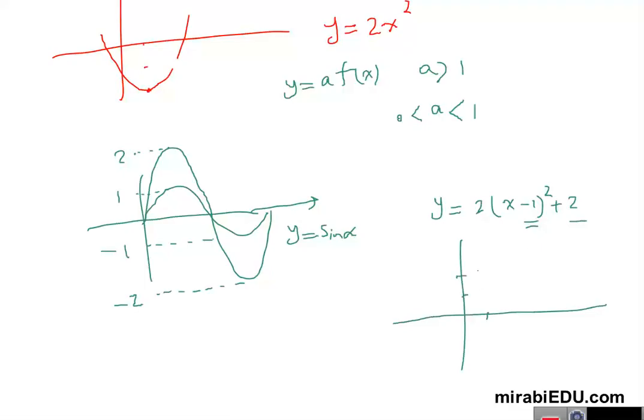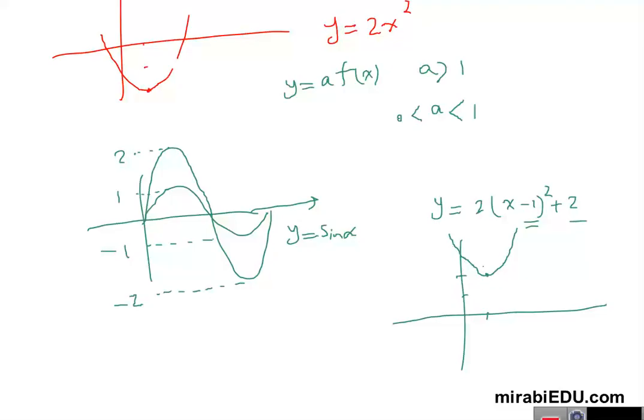The graph will not be like y equals x squared, it will be like 2x squared. It opens upward, and it will be sharper than y equals x squared because of this 2.